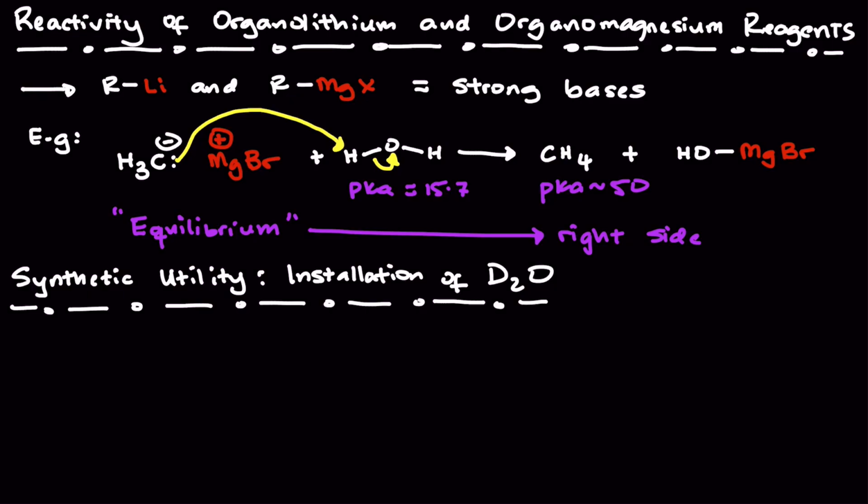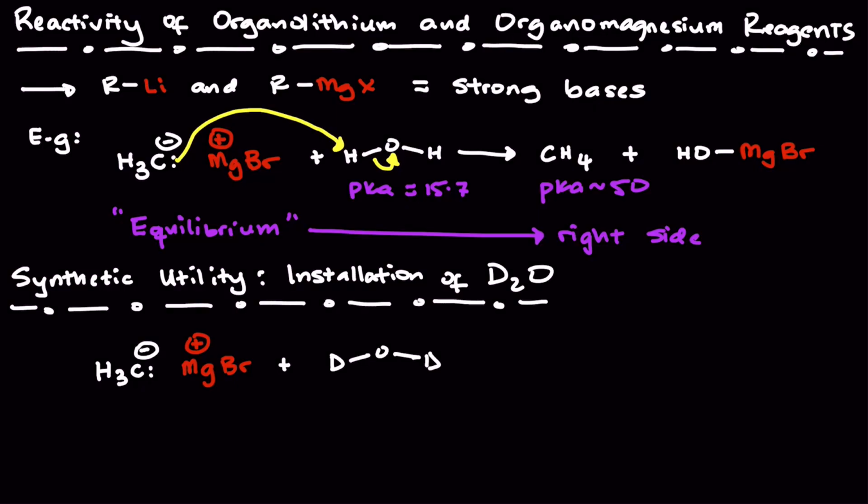So while this creates an issue when it comes to maintaining a Grignard in your solution, as chemists we can take advantage of this incredible basicity and install a deuterium onto an alkane or a hydrocarbon. For example, take your methyl magnesium bromide, this time treated with D2O.